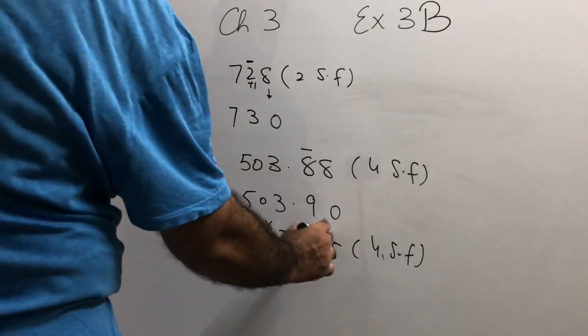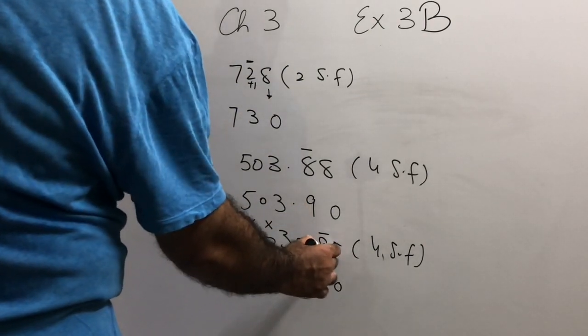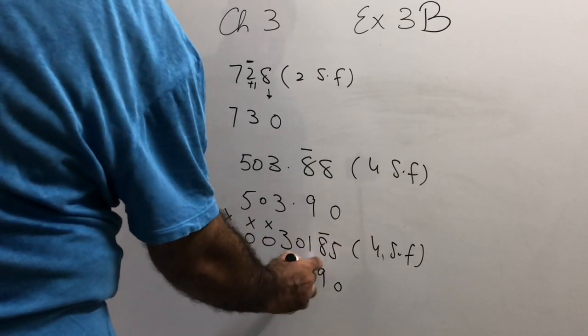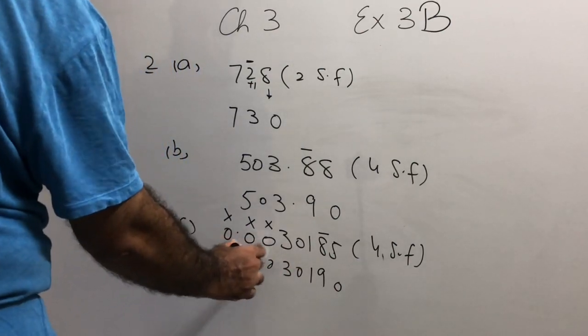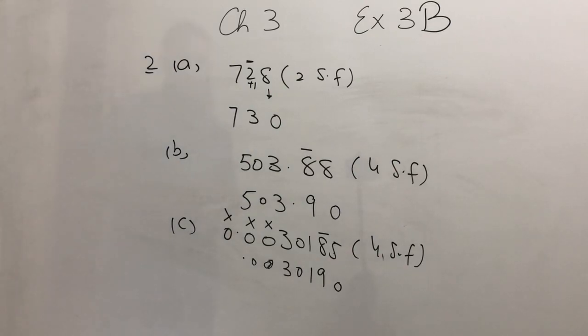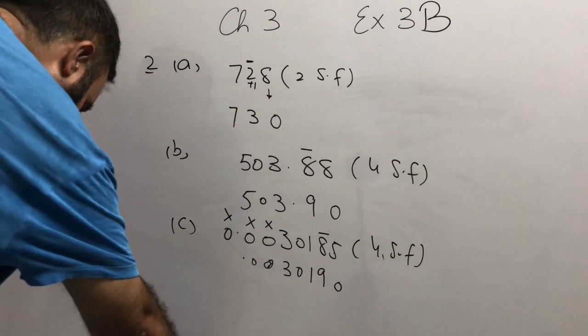So this is the 4th. 1, 2, 3, 4. We will round off. It becomes 0. This is equal to 5, so it becomes 9, 8 plus 1 is 9. 1 0 3. Okay, so 0.0030 is the answer for part C. It has 1, 2, 3, 4 significant figures.